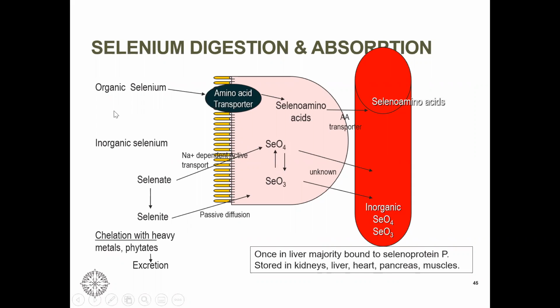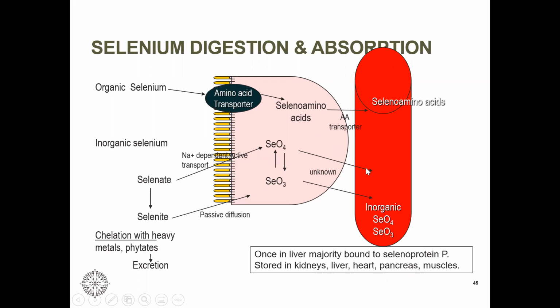So for absorption, we know that organic selenium can simply get inside the brush border by amino acid transporter. But if we are eating some inorganic selenium, which is actually quite rare, then we will first convert this selenium into selenite, and then that will be absorbed either by a sodium-dependent transport or by passive diffusion.